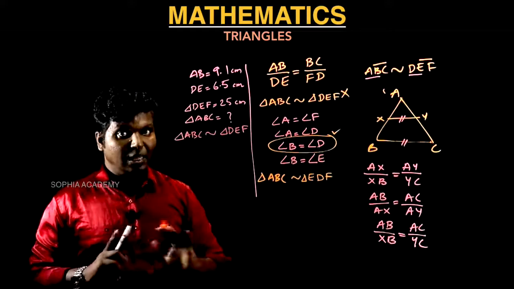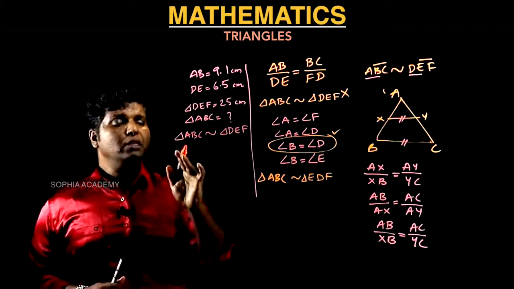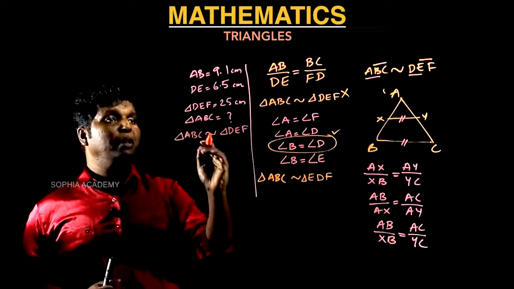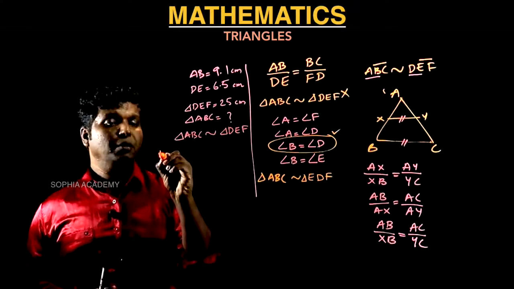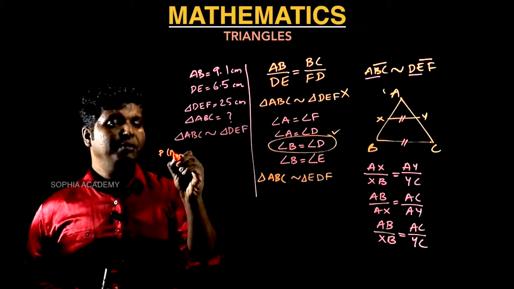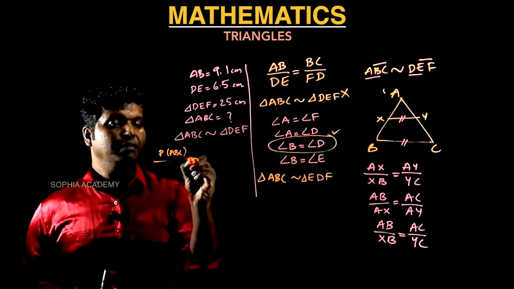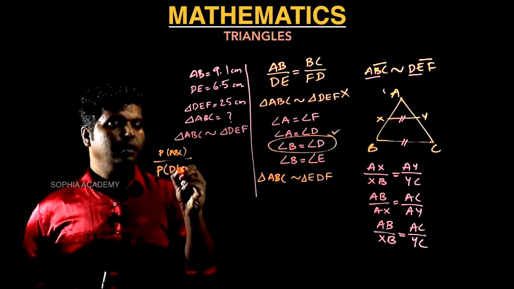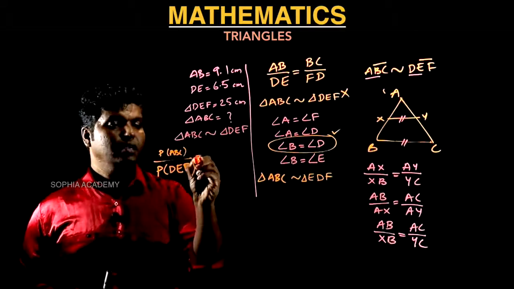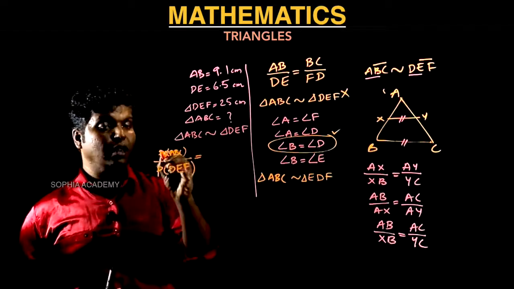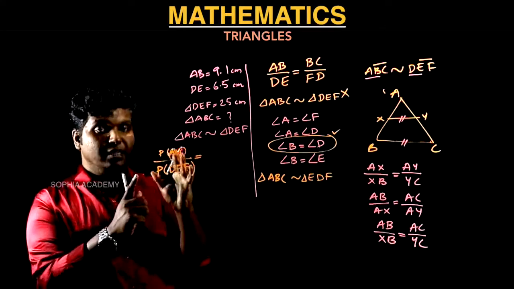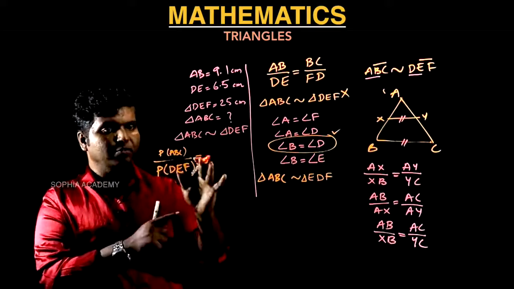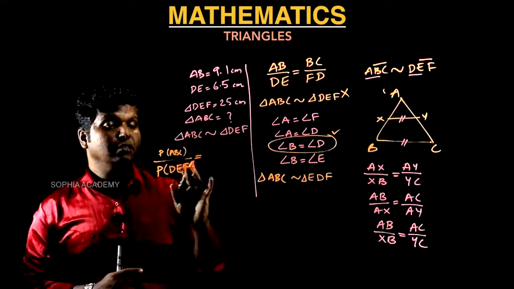Is that clear? That much is right. So now I am writing perimeter of ABC divided by perimeter of DEF. Actually, you can't write it like this, I'm just writing because we are dealing with a 1 mark question, so simply I'm writing in rough. That's why I wrote P of like that.